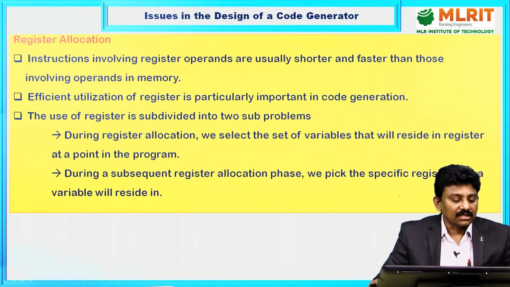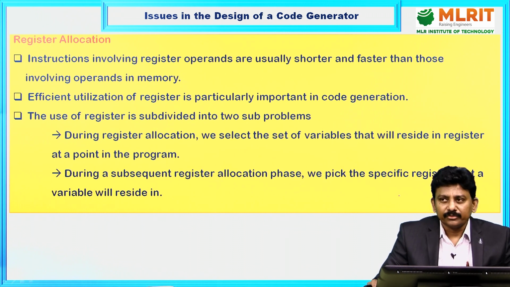Then register allocation. Instructions involving register operands are usually shorter and faster than those involving operands in memory. So the CPU can directly access the registers. If the operands are available in registers, we can execute the program faster.